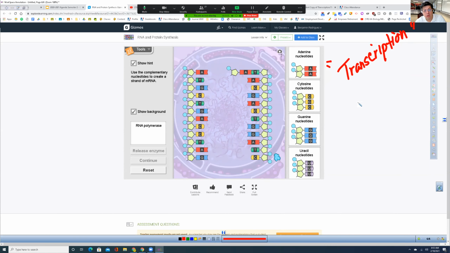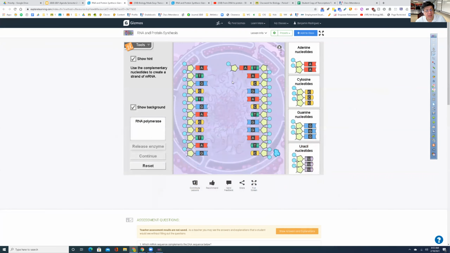Basically, we're taking our DNA and copying it and making RNA, okay? That's what we're doing right now. So because we're making RNA, we're not gonna put a thymine nucleotide, we're actually gonna put a uracil nucleotide. So go ahead and do that with me, all right?